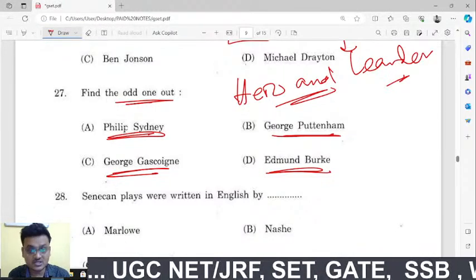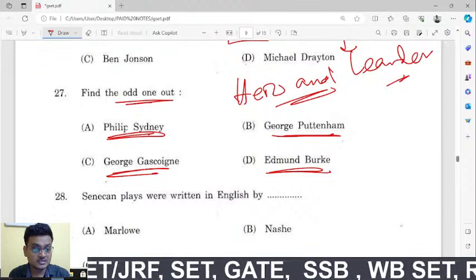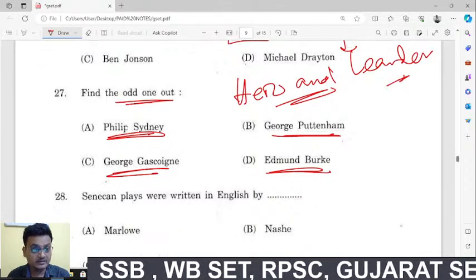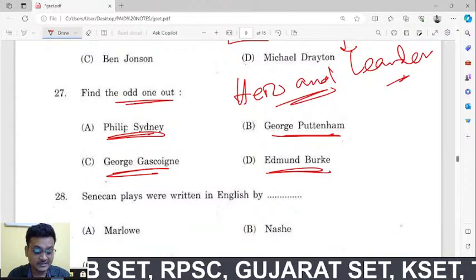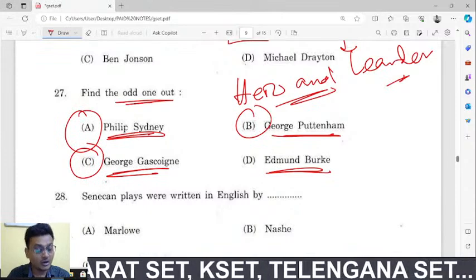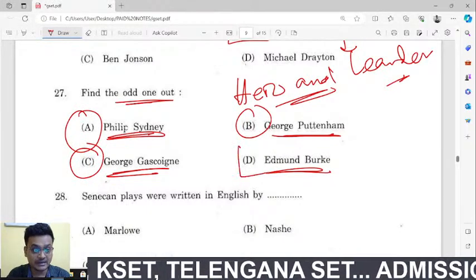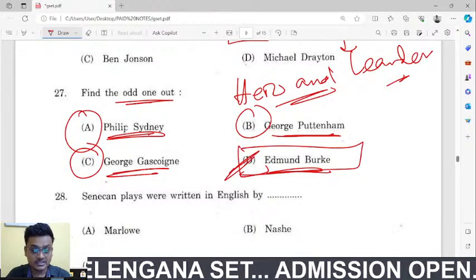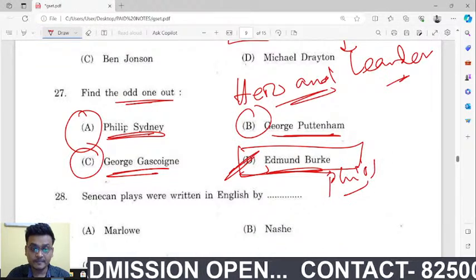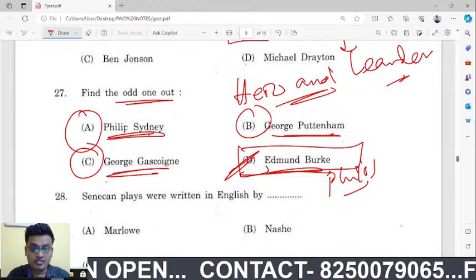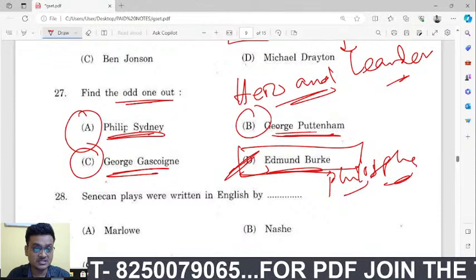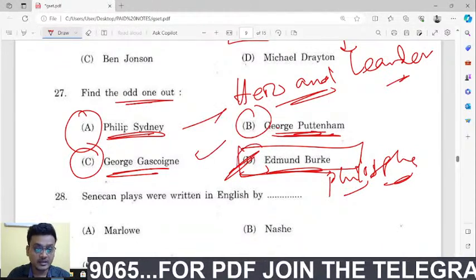Sidney, Gascoigne, and Puttenham are all Elizabethan writers, whereas Edmund Burke is not. He is a philosopher from the 17th or 18th century. So D is the right answer.